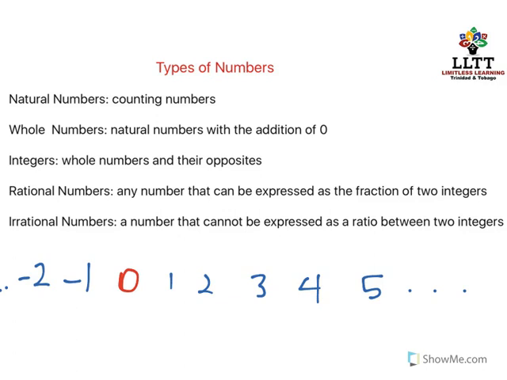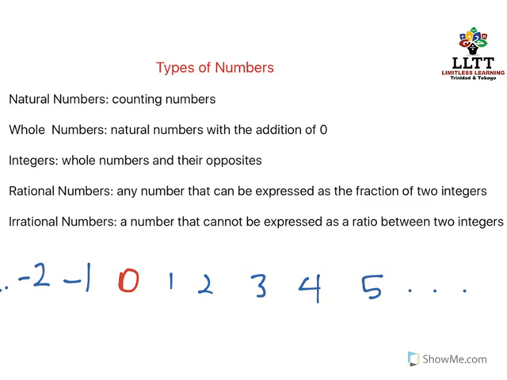Then the next type of number that we would have seen was rational numbers. Rational numbers are any number that can be expressed as the fraction of two integers. So rational numbers kind of fill in the spaces in between these integers.